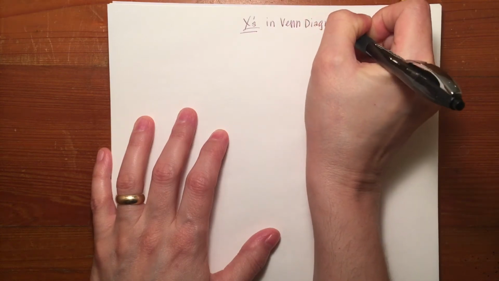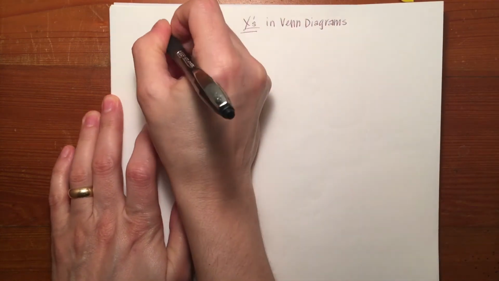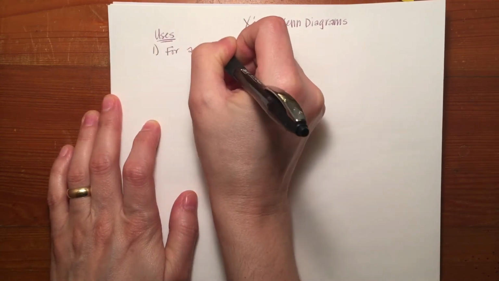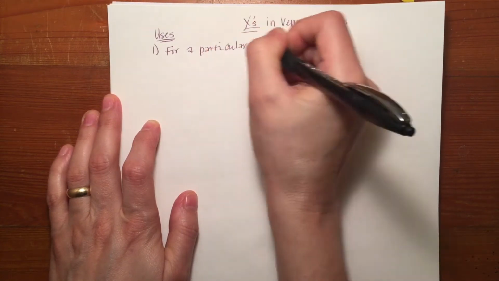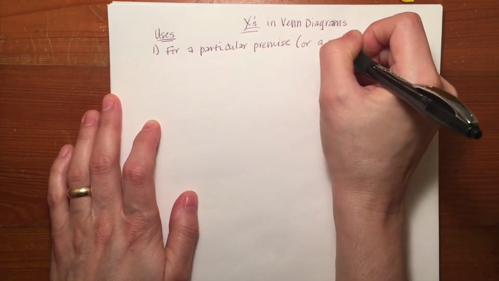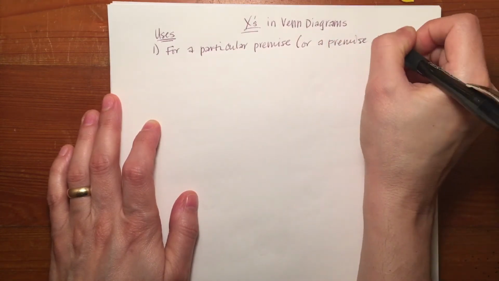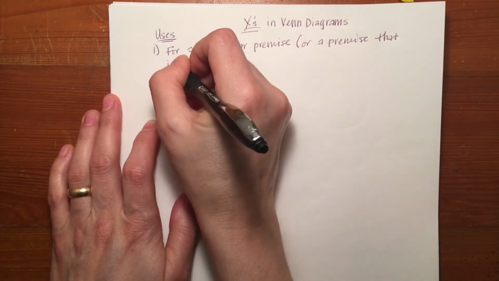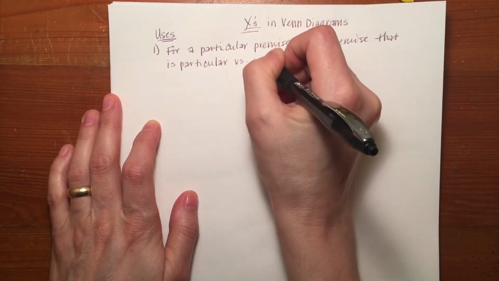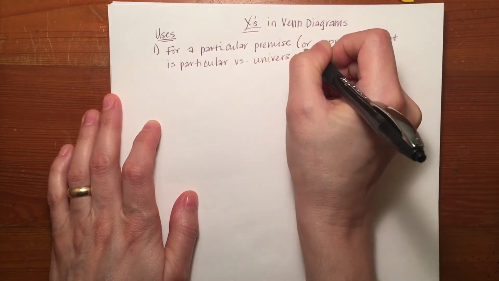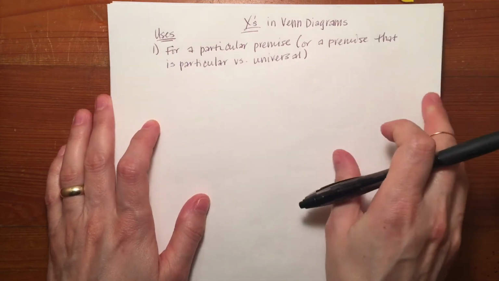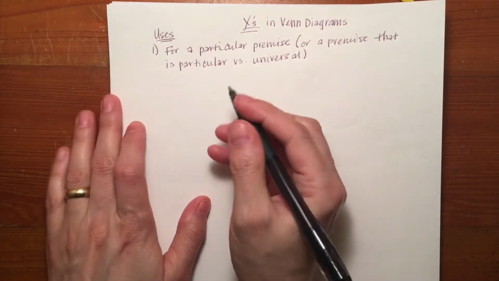The first is for a particular premise, a premise that is particular versus universal. Not just for a specific premise, but for a premise containing an O or I statement.